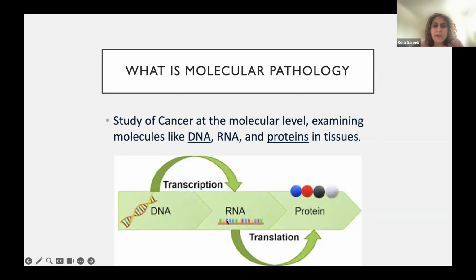Or you can study the RNA profile, like what RNAs are there in this cancer, or you can study the DNA itself and what genes are perhaps abnormal in your cancer. So it's multiple levels. Molecular pathology is not one level, and it's quite complex actually.